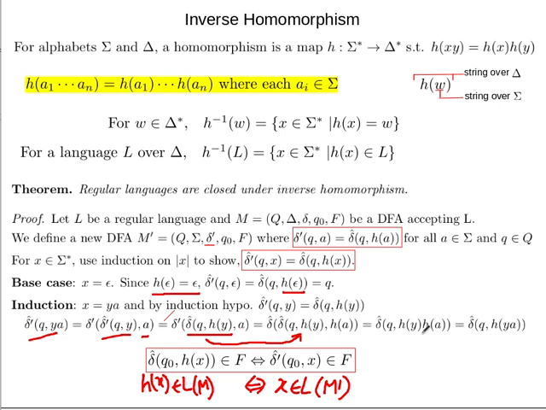So that means it processes HY concatenated with HA. But then by definition of homomorphism, this is nothing but this, right? So yeah, we have proved this for this x. And this is just the proof. So yeah, this is substitution homomorphism and inverse homomorphism.